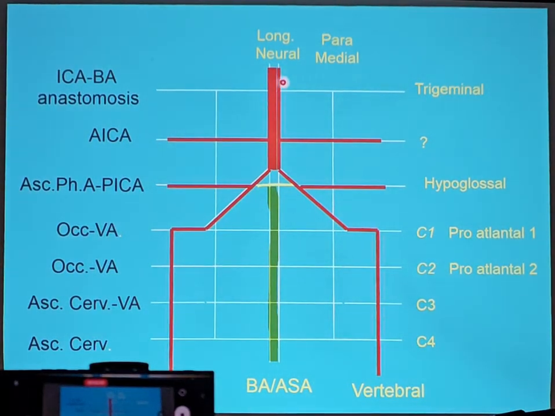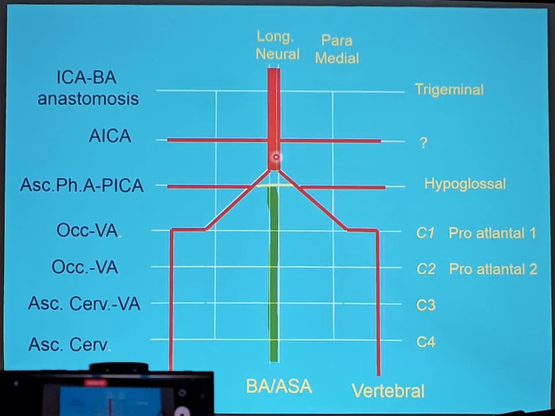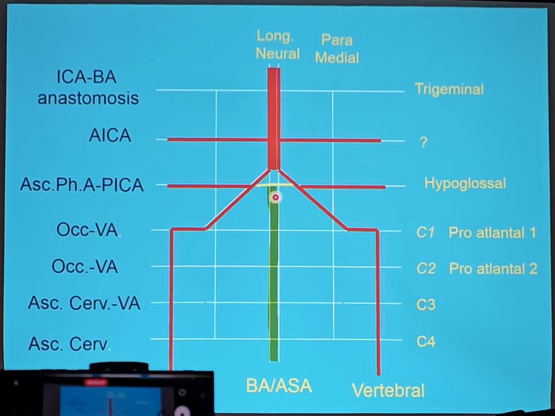So again, these paramedian longitudinal neural axis vessels merge and fuse in the midline, as at the same time the basilar artery paramedian vessels merge in the midline to become the anterospinal arterial system.